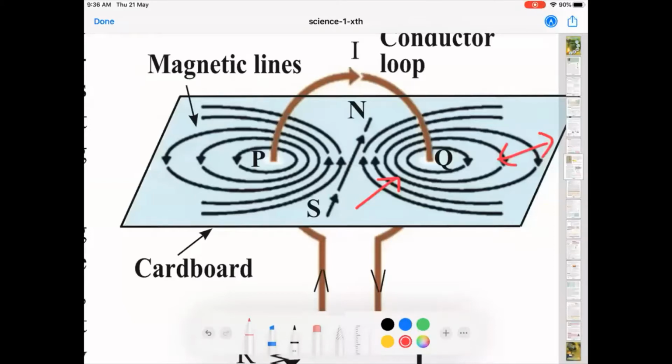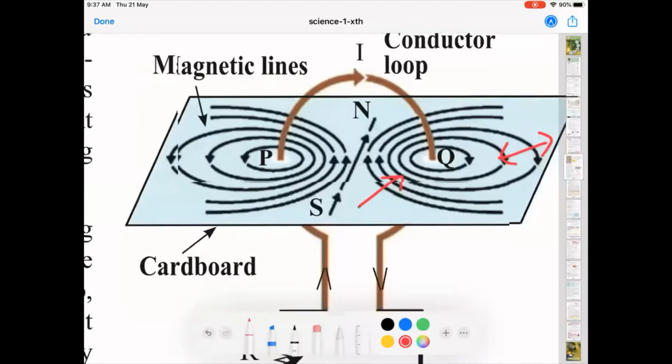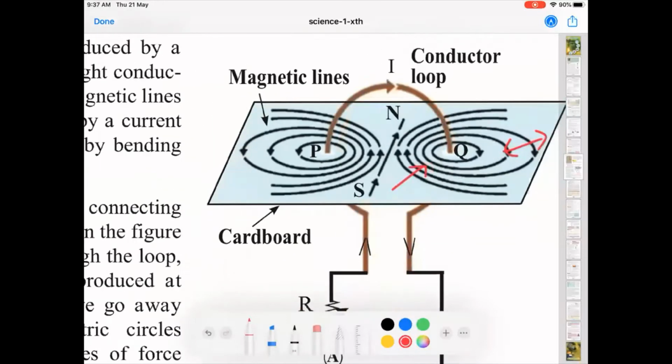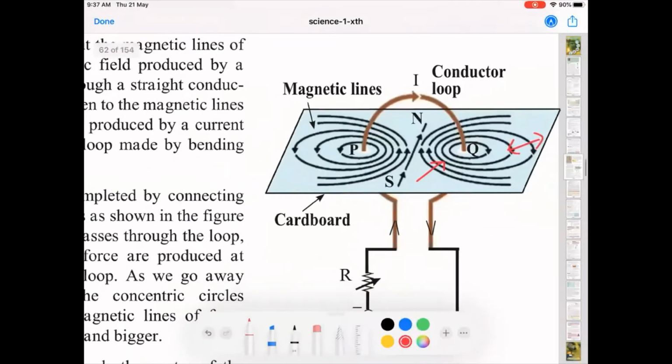So the magnetic lines of force are closer to the loop, indicating that the strength of the magnetic field is more, and they are away from each other when you go away from the loop, which indicates that the strength of the magnetic field is less.